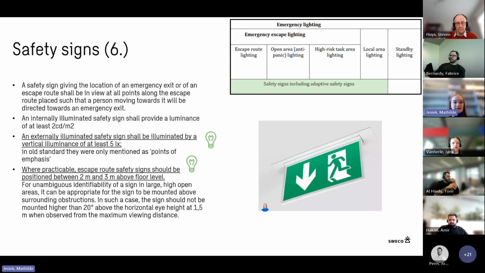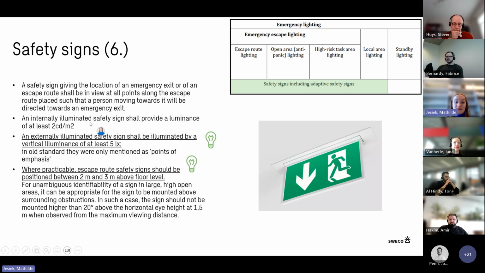Then for safety signs, this is also a big new thing, which is maybe one of the most impactful things: now all safety signs also need to be lit with 5 lux vertical minimum. So if you have an externally illuminated emergency sign, you need to have 5 lux vertically, or you can use internally lit pictos.